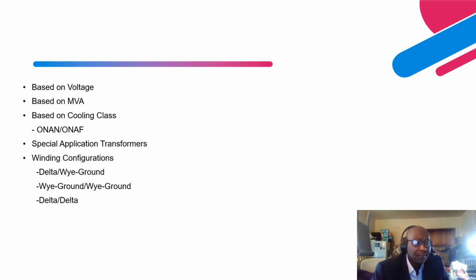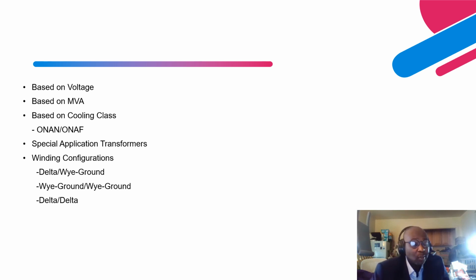They are also classified based on the winding configuration. A typical example is delta-Y ground. Delta means that the high side is wound in the delta configuration, and the secondary side is wound in the Y ground configuration. And for the grounding, we can have different grounding configurations: solidly grounded, resistance grounded, reactance grounded.